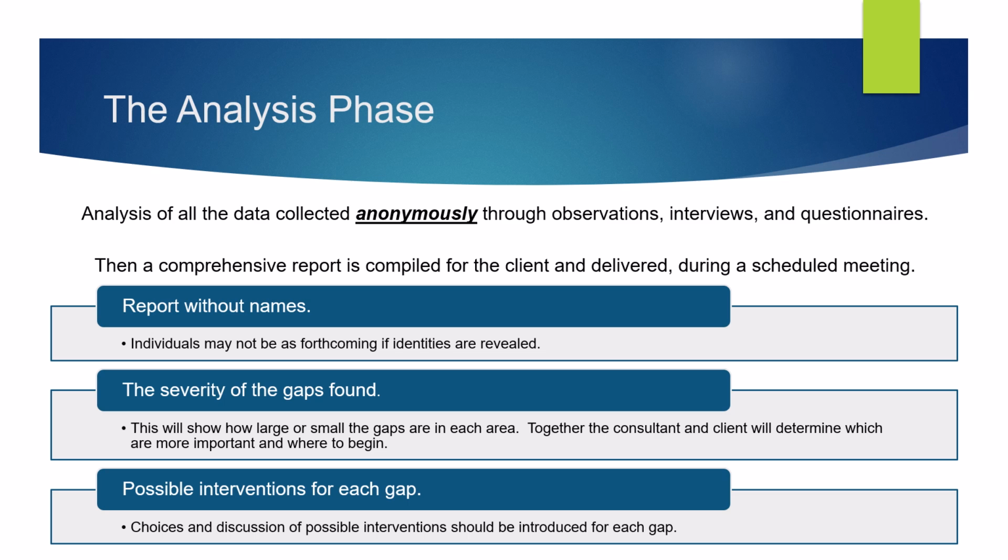The analysis phase should be delivered on a cumulative data sheet. Only the practitioner or the person who is compiling the information should know the identity of the individuals. The data sheet may also contain relevant but objective statements.